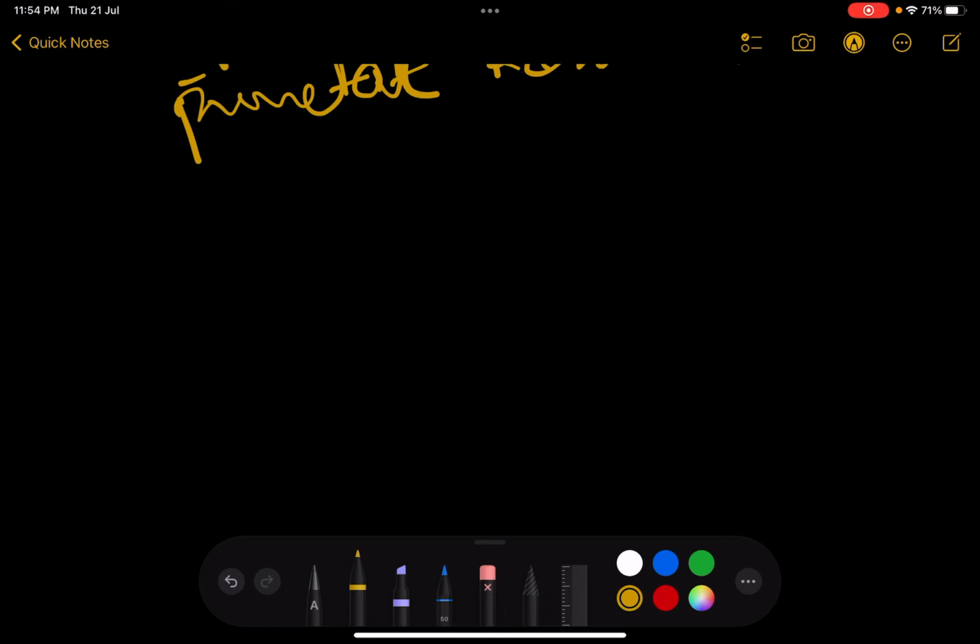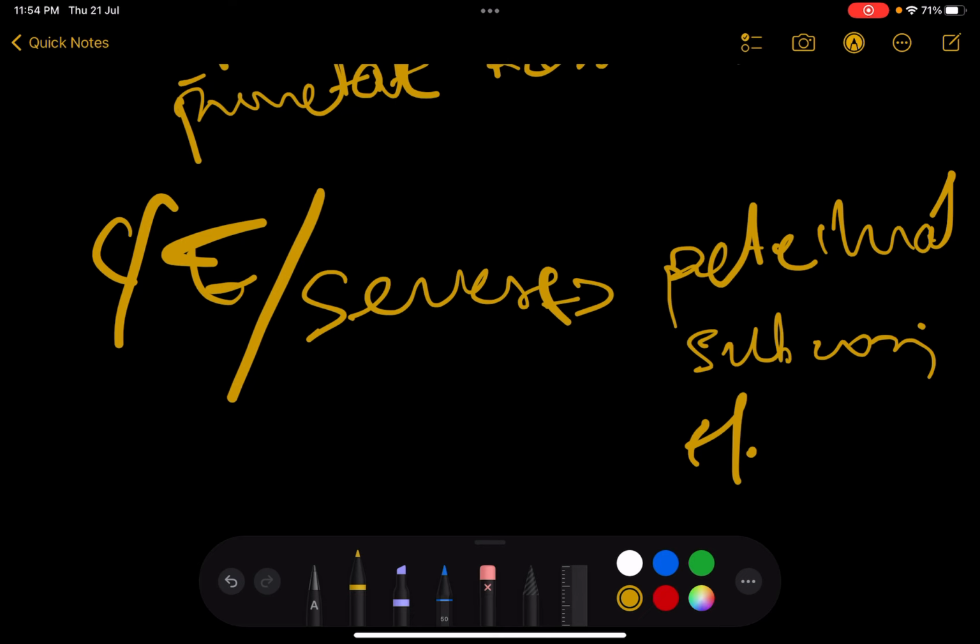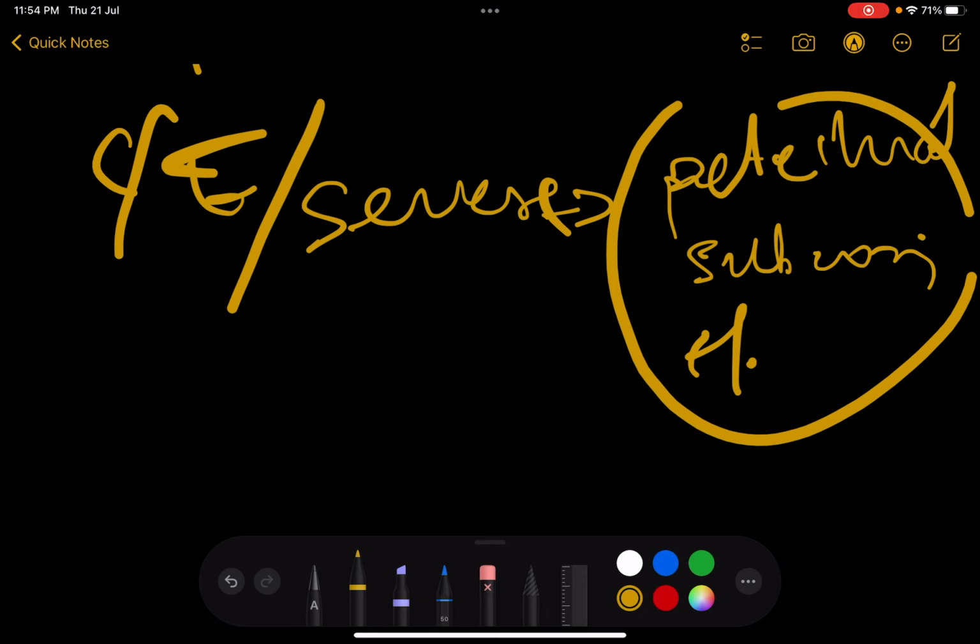A complication, or let's say in a severe case, what you could have is petechial subconjunctival hemorrhage. Obviously, you could see petechial subconjunctival hemorrhage also in Streptococcus pneumoniae.